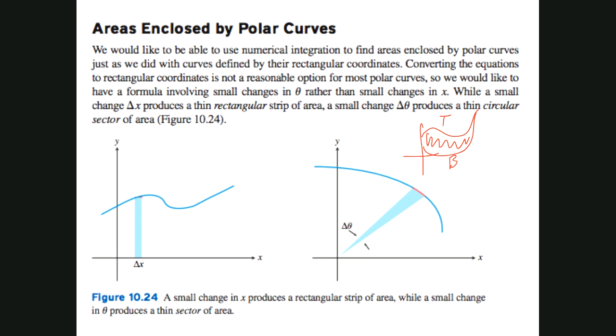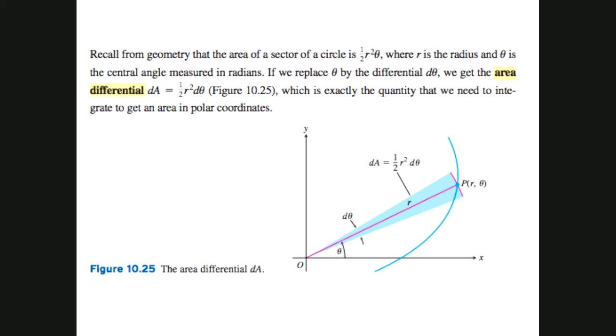Well, it's very similar, but instead of using rectangular objects, we're going to use a sector, and then we're going to add all those together. So the formula is fairly similar to what we did before.